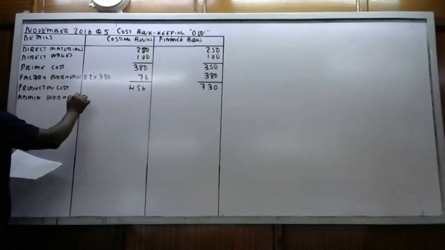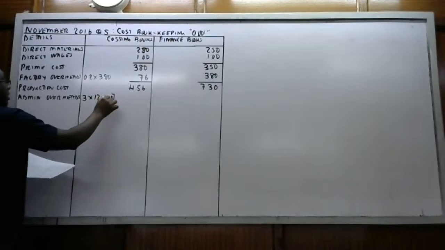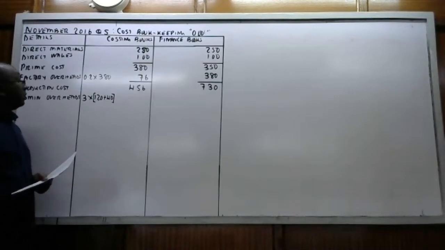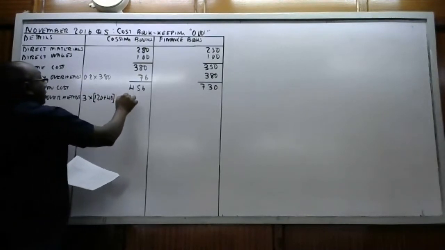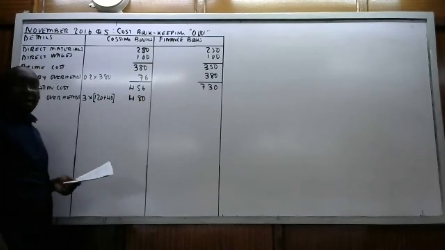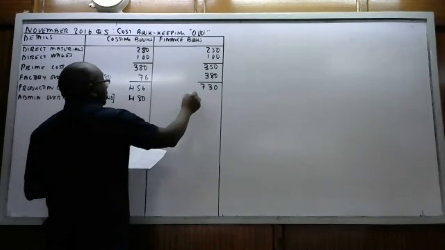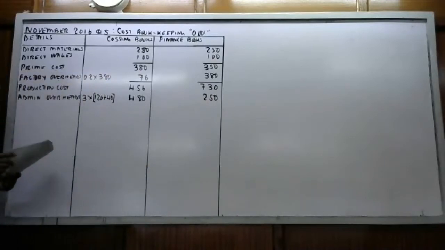So that would be 3 times 160, which is 480. And then we go to this other one. Admin is 250.